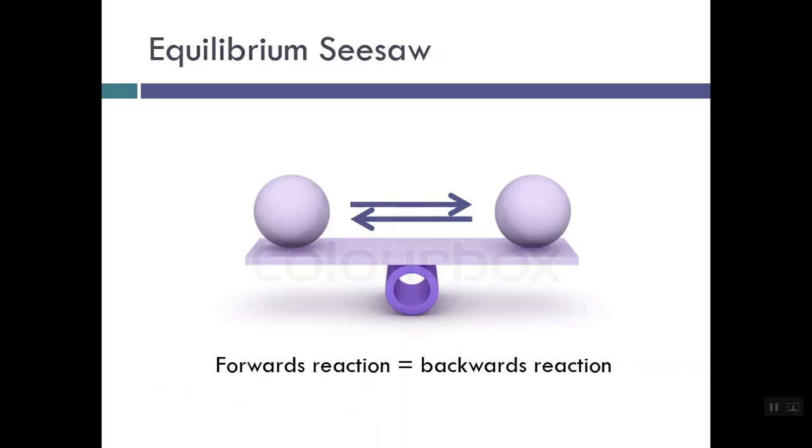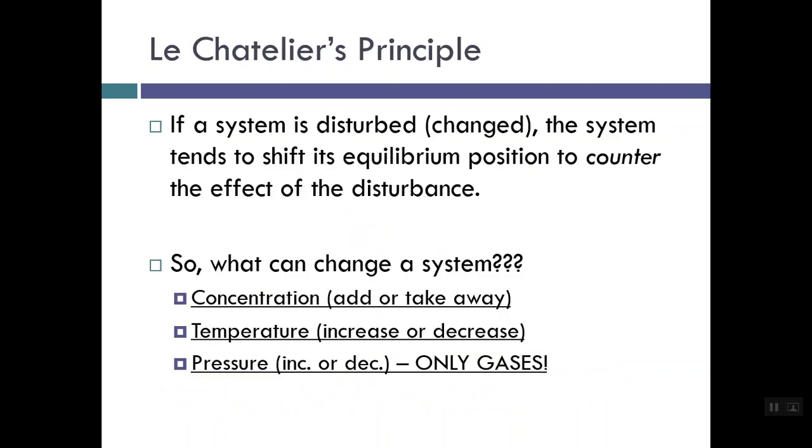It's kind of like a seesaw with equilibrium. If I change something on one side, it is going to move the system. It's going to make things go forward or backward.